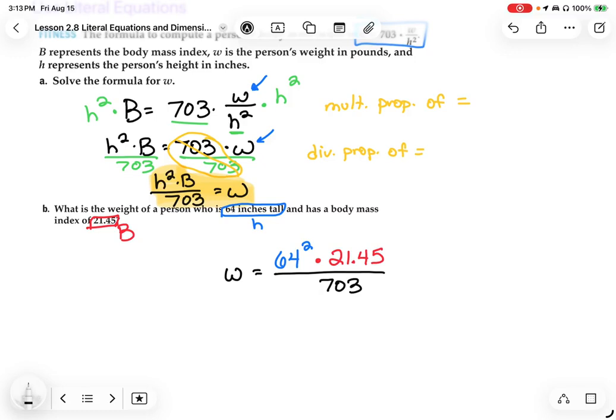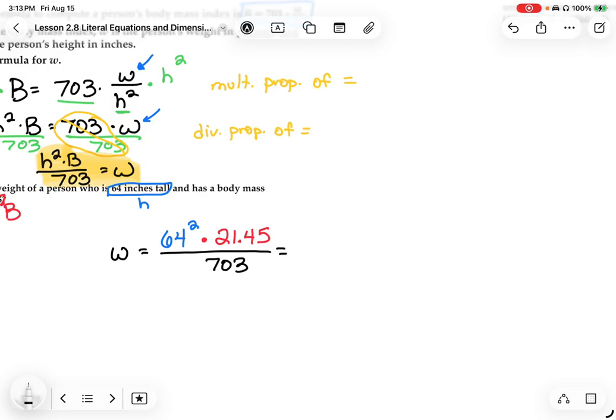Okay, so this is almost certainly going to require some calculator work. I recommend you split this up, even if you're using a calculator, split it up into two parts. Do the numerator by itself first. 64 squared times 21.45 is 87,859.2. And then divide by 703.